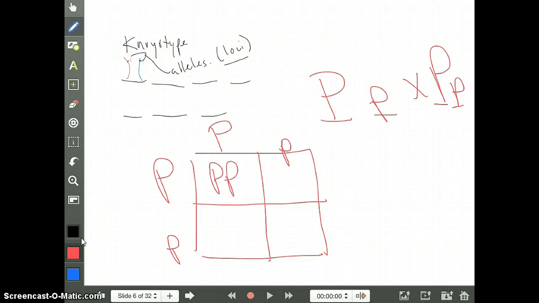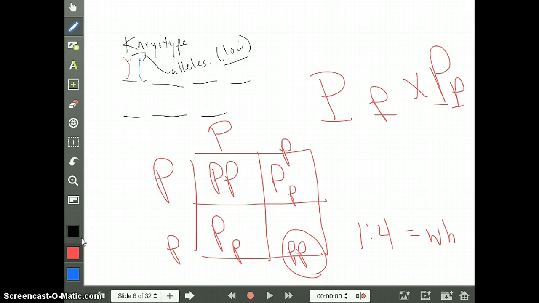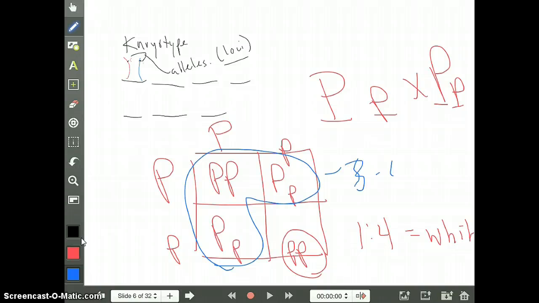If I do my mathematical box, I notice that there's only one box that has two little p's in it, so only a 1 out of 4 chance to get white. But the other three, three out of 4, are purple.